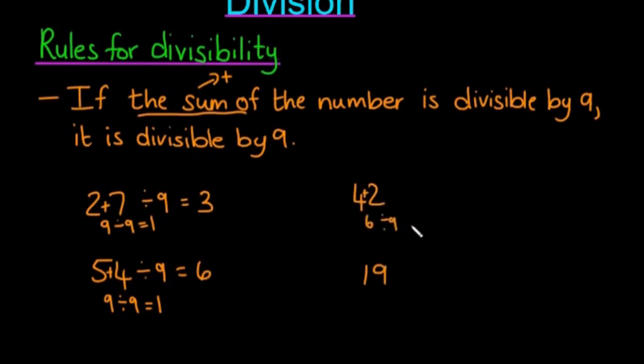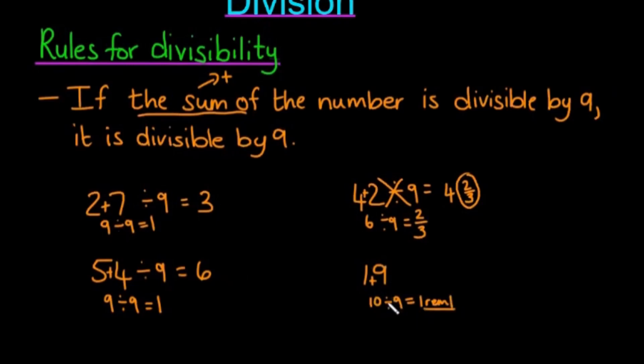However, adding 4 plus 2 is going to give me 6. And 6 divided by 9 is going to give me a fraction answer, the fraction answer of 2/3. Which means if I go ahead and divide 42 by 9, I'm going to get 4 and 2/3. And because of that fraction, or if there's any remainders, this is not divisible by 9. 19 as well. 9 plus 1 gives me 10. 10 divided by 9 is going to give me 1 with a remainder of 1.